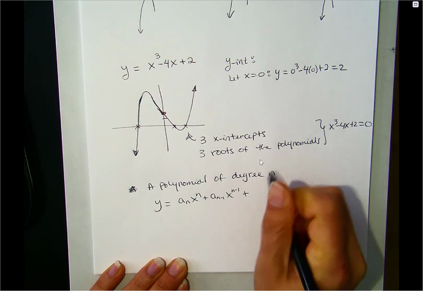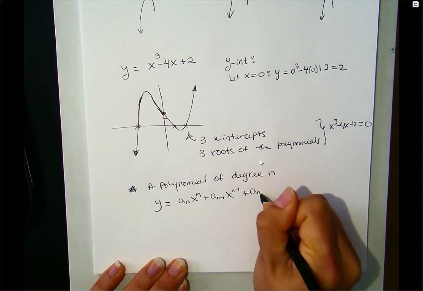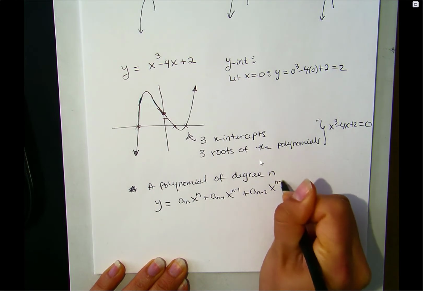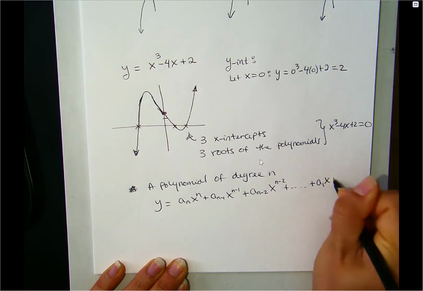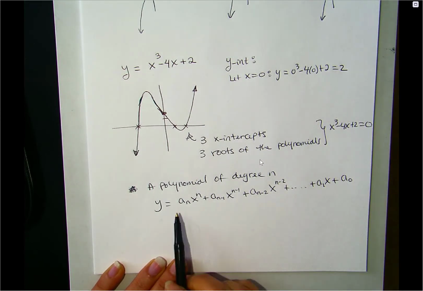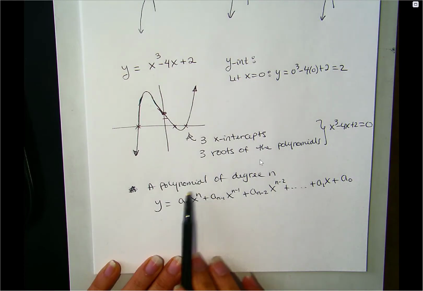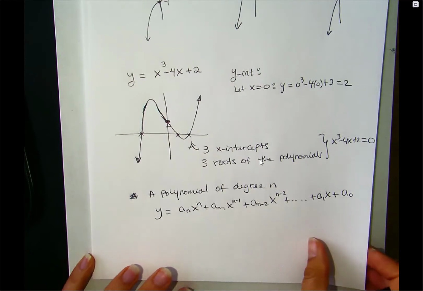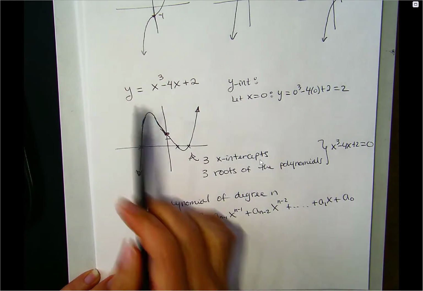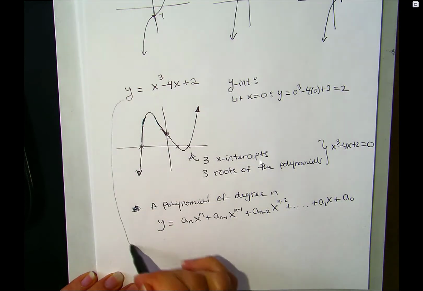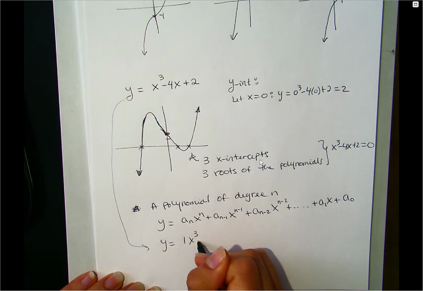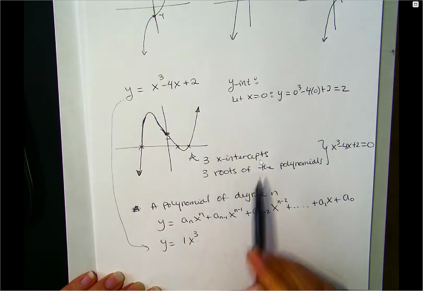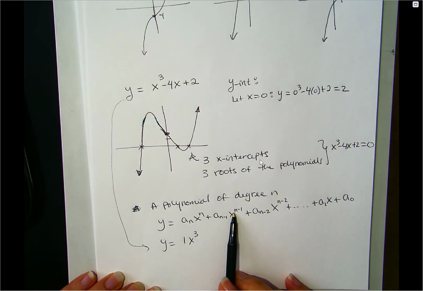This is the general form of a polynomial. Right, so something cube, like in this case, if I want to write this cubic in that form, it will be y equals 1 x cubed. Notice that there's no x squared, right? There's no, the 1 degree less than.